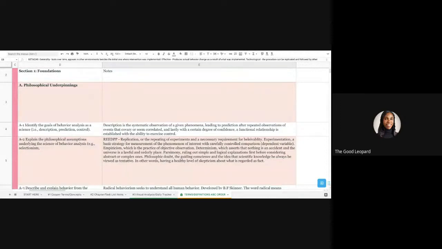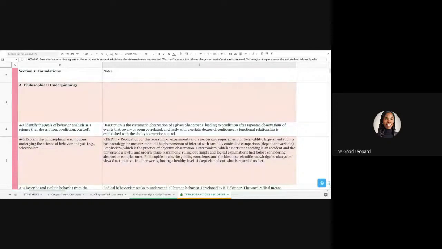So we'll start with philosophical underpinnings, which is part of foundations. A1, identify the goals of behavior analysis as a science. We know that that means description, prediction, and control. So hopefully that rung a bell before you even read the whole thing.